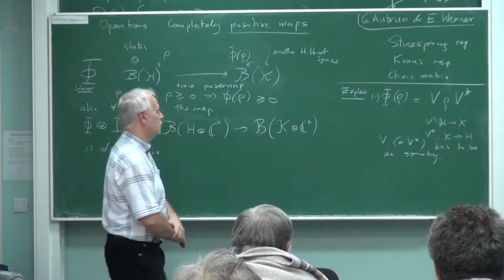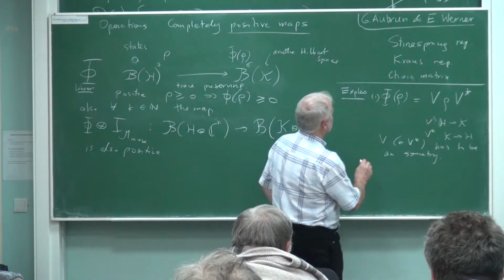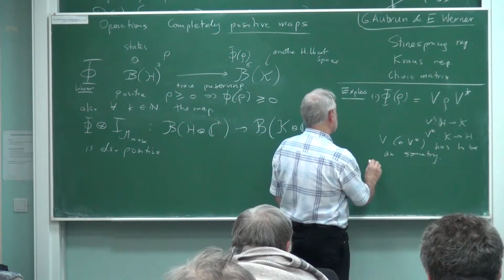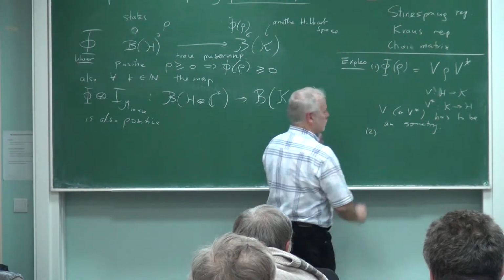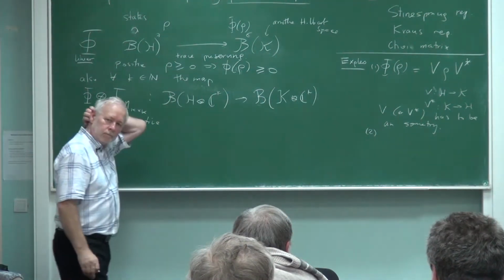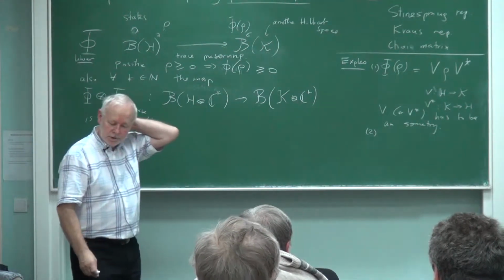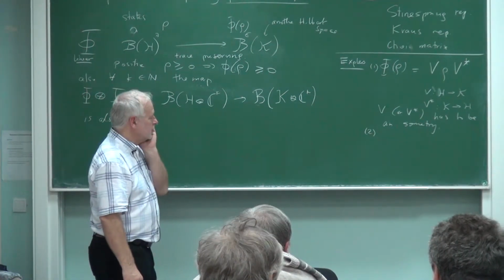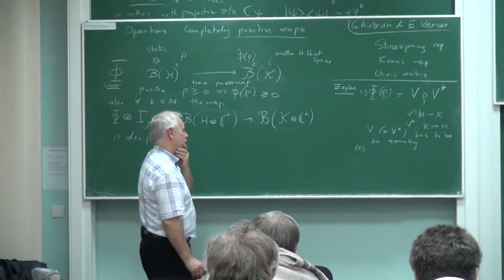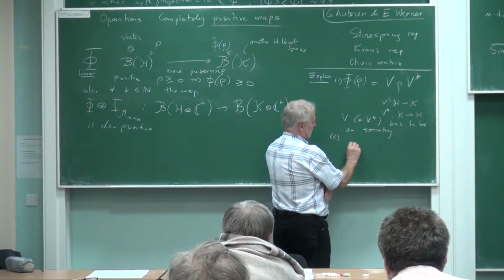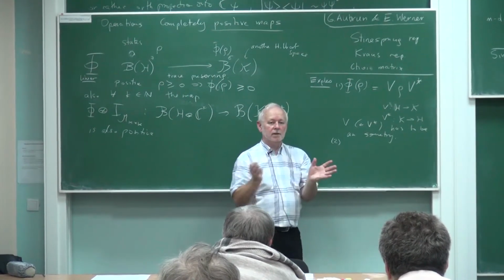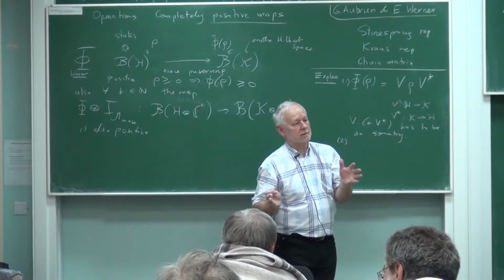So, okay. Now, what is the other canonical example? The other canonical example requires looking at tensor things. So basically it's the following. Suppose that you start from a space which is a tensor product of two spaces.